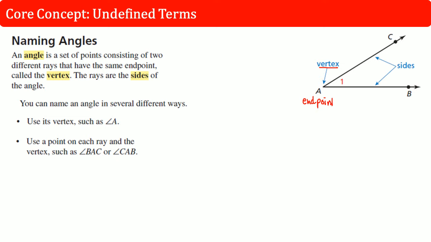So you could call it B, goes to A, then C. That's what the first one is. So you write the angle symbol, BAC, or you can go in the opposite direction. You can go from C, A, B.